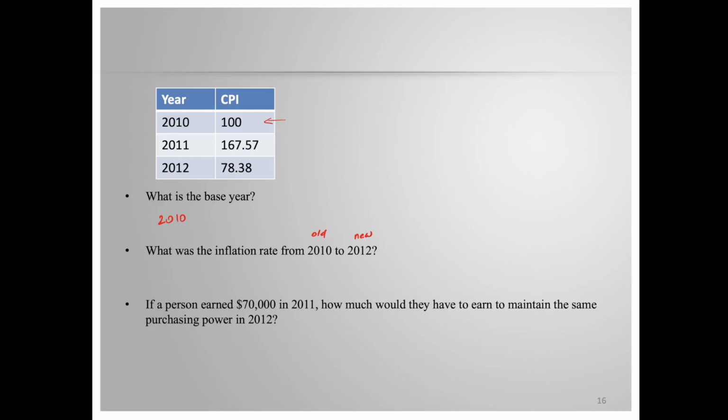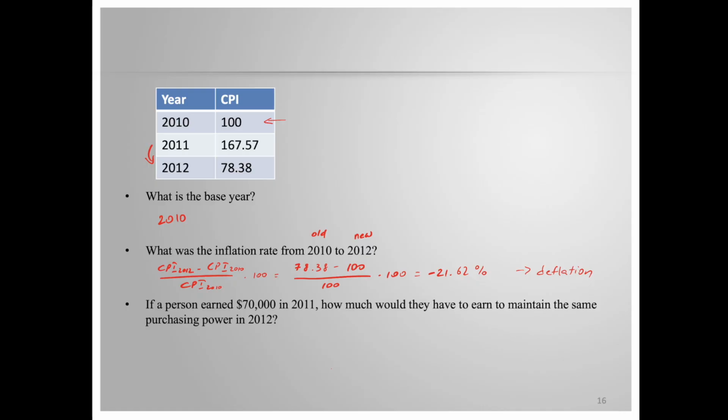So inflation rate from 2010 to 2012 will be equal to CPI in 2012 minus CPI in 2010 divided by CPI in 2010 times 100, which is 78.38 minus 100 divided by 100 times 100, which is minus 21.62%. That is the inflation rate from 2010 to 2012, and we say that this is deflation.